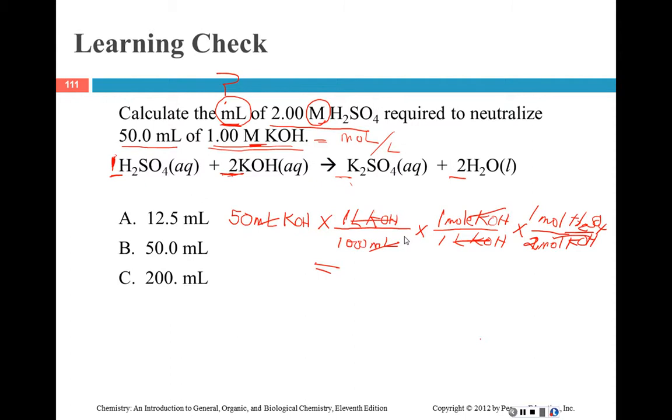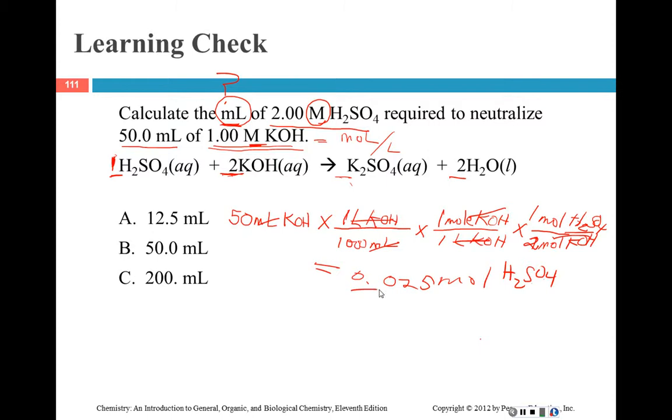Are you doing this with me, I hope. 50 times 1 times 1 times 1 divided by 1,000 divided by 2, I get 0.025 moles, sorry about the handwriting, of H2SO4.